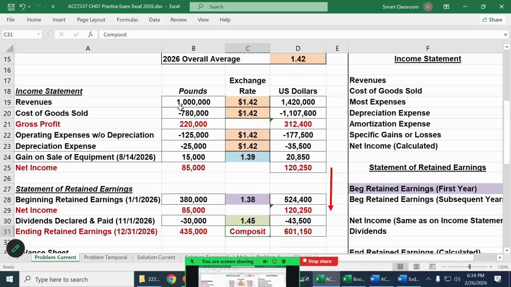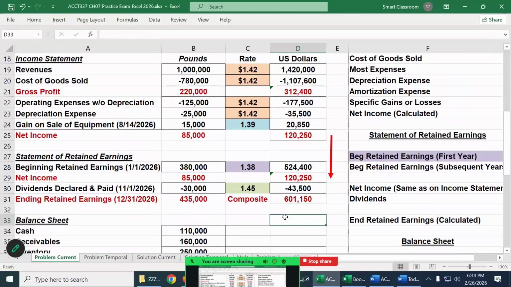Does it have an E on it? It does. Yes, it does. All right, so this is a composite rate. And again, next year, this will be at the top. This will be the beginning. 601,150 will come up here, and we'll start the whole thing over again.